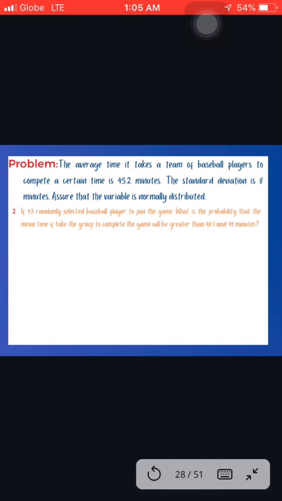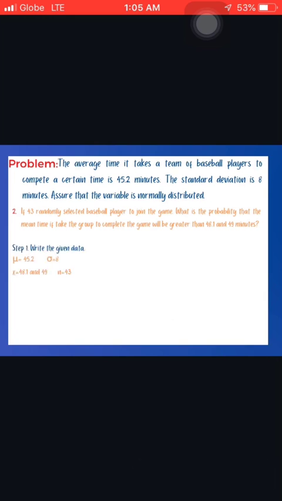So another problem we have is the average time it takes a team of baseball players to complete a certain game is 45.2 minutes. The standard deviation is 8 minutes. Assume that the variable is normally distributed. So number 3, if 43 randomly selected baseball players join the game, what is the probability that the mean time it takes the group to complete the game will be greater than 48.1 and 49 minutes?